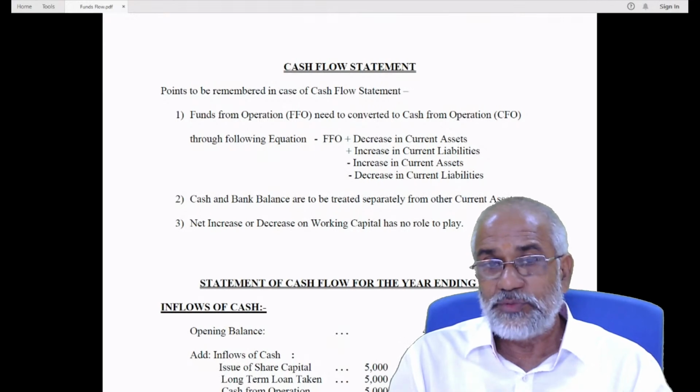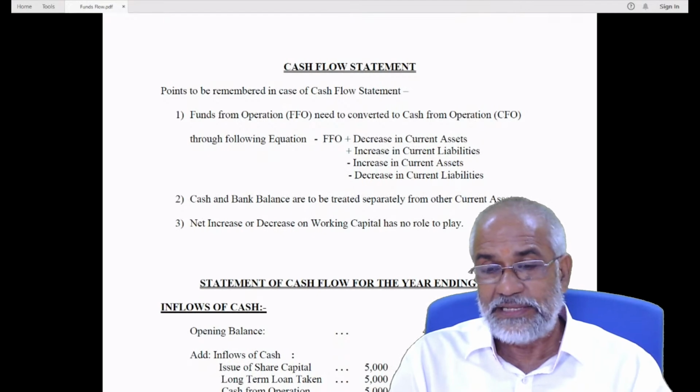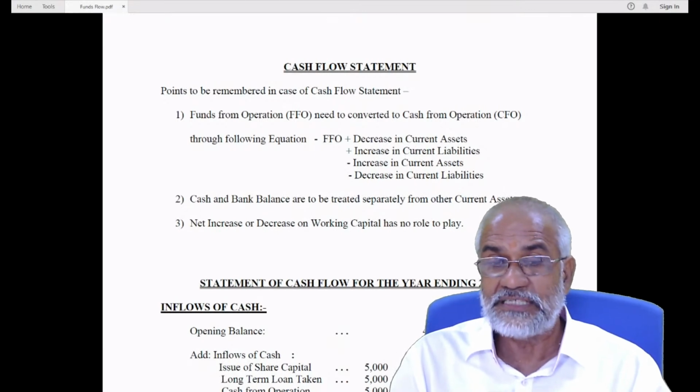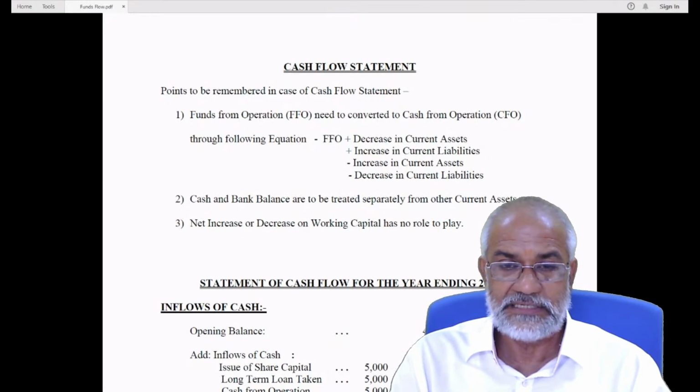This is the first item to be remembered while converting the funds flow statement to the cash flow statement. Then the second item to be remembered is that the cash and bank balances are to be treated separately. Although they are current assets, they are to be dealt with separately while preparing the cash flow statement, so they should not be merged with other current assets when the above equation is taken into consideration.